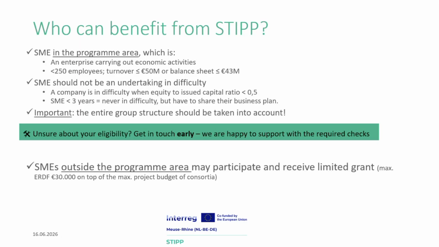We also have a limited grant available for SMEs that are not in the program area. A maximum of 30,000 euros ERDF is available for those companies. So be aware that that's an opportunity for them. However, it's a maximum of 30,000.